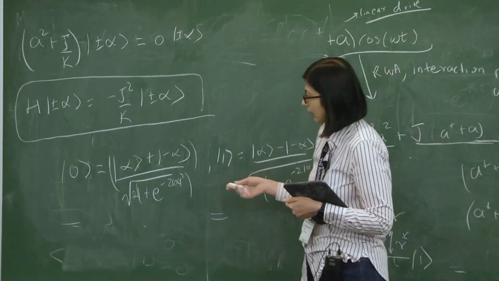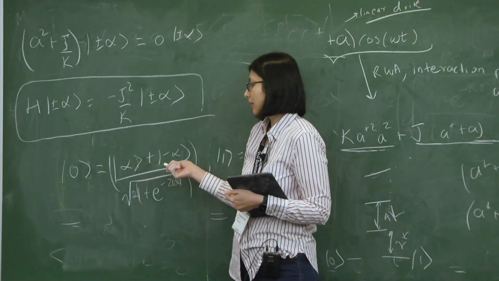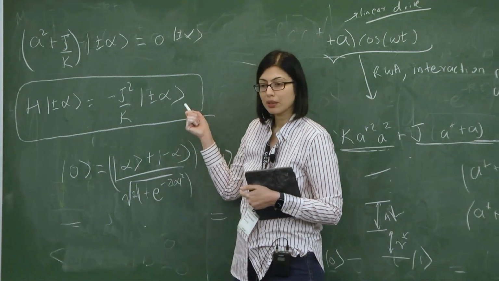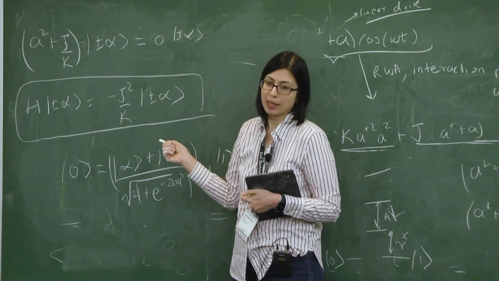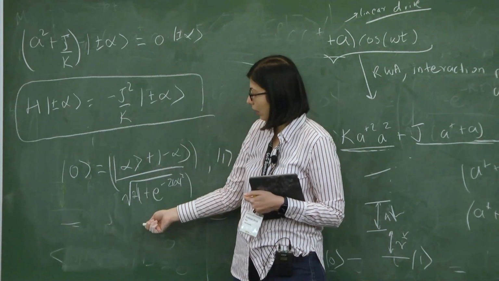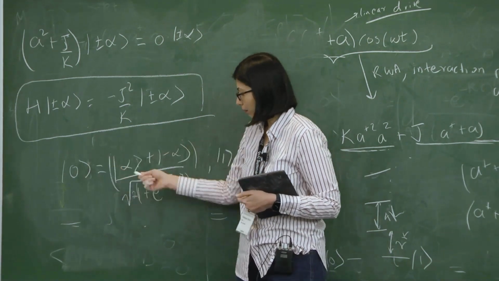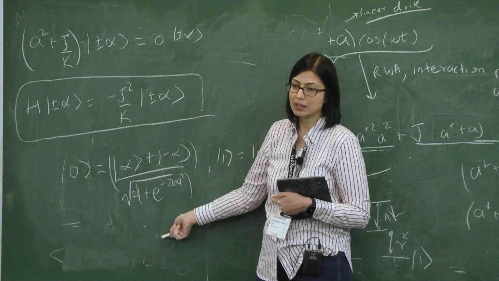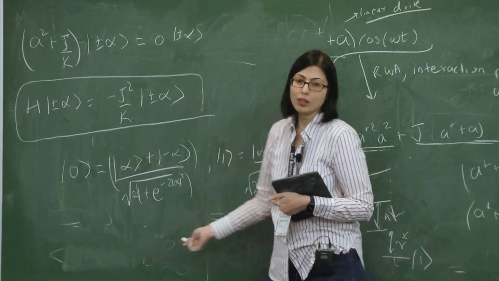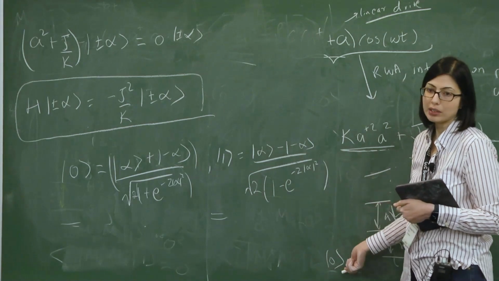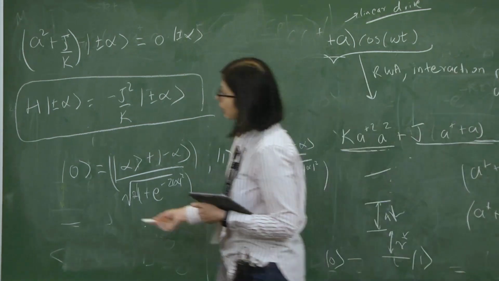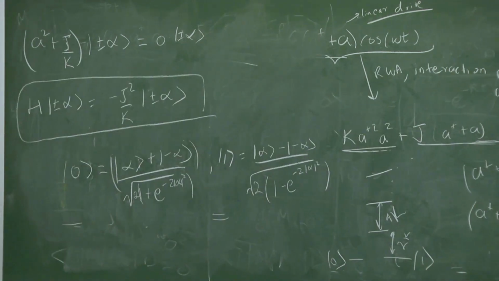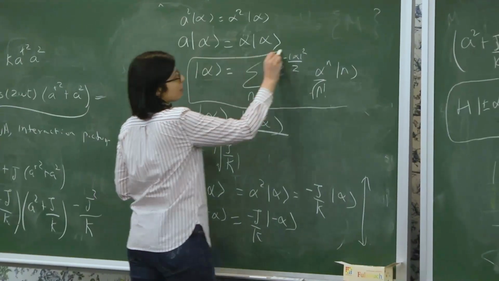Another way to look at it is that you can write the coherent states in terms of the Fock basis and do a little bit of math, and you will see that the even superposition state will have only even Fock states appear, and the odd superposition state will have only odd Fock states appear. Just use this expansion.